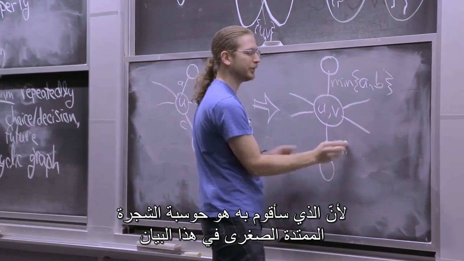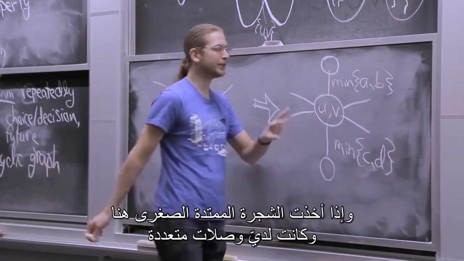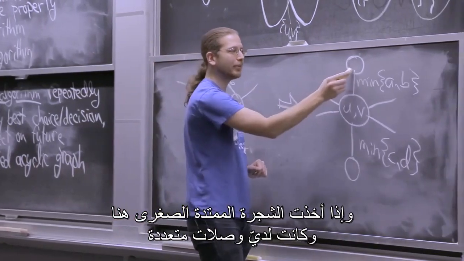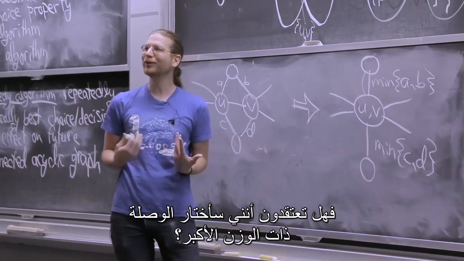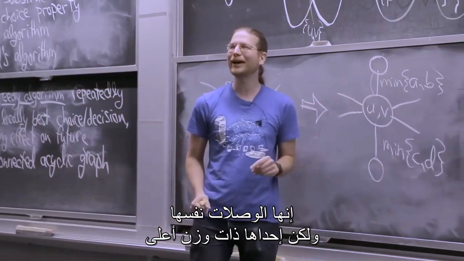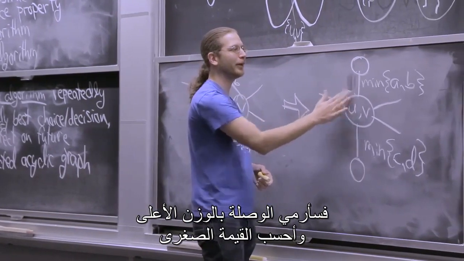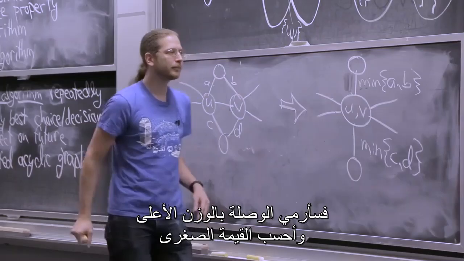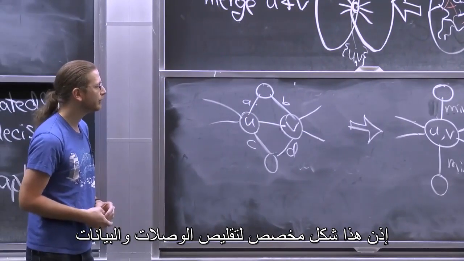Because what I'm about to do is compute a minimum spanning tree in this graph. And if I take the minimum spanning tree here, and I had multiple edges, one weight A, one weight B, do you think I would choose the larger weight edge? They're exactly the same edge, but one is higher weight. There's no point in keeping the higher weight one. So I'm just going to throw away the higher weight one, take the min. So this is a particular form of edge contraction in graphs.